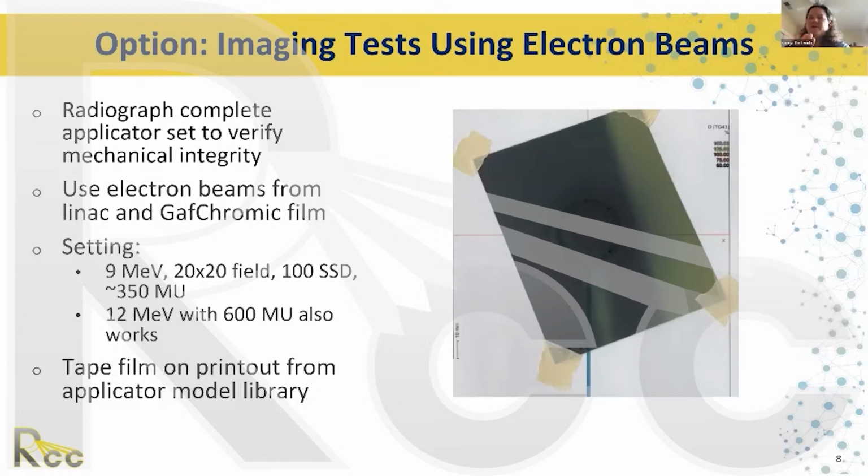And then we took a radiograph to check for mechanical integrity. And then we took this whole assembly and did an autoradiograph later so we could verify the positions of the source on this film. Really neat technique, brand new to me as well, and I just wanted to share that more widely. Okay, next slide, please.